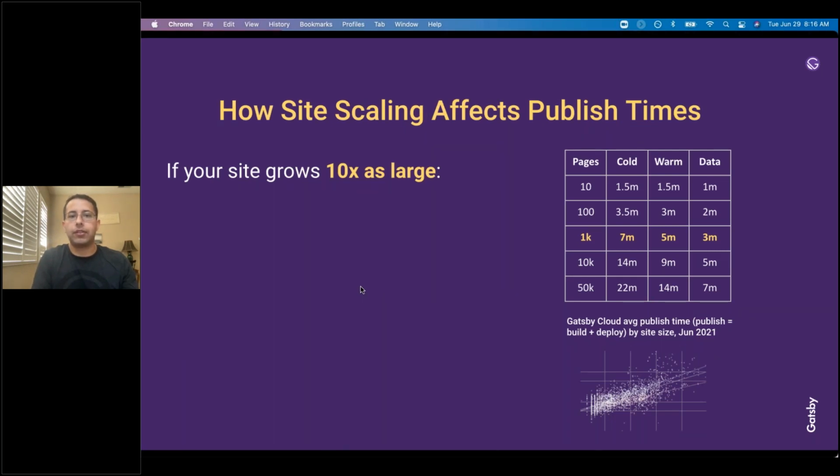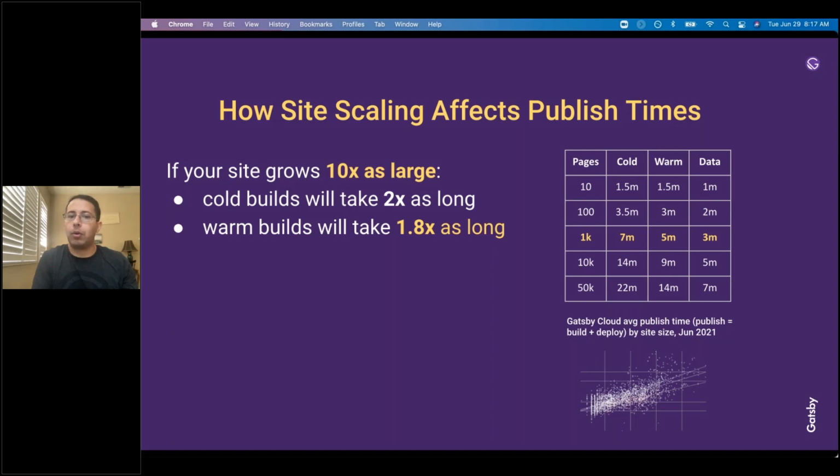So how does site scaling affect your publish time? We've got some great data on this too. If your site grows 10 times as large, 10 times as many pages, cold builds will take twice as long. Warm builds will take about 1.8 times as long, and data builds will take about 1.6 times as long. So twice as long, 80% longer, 60% longer.